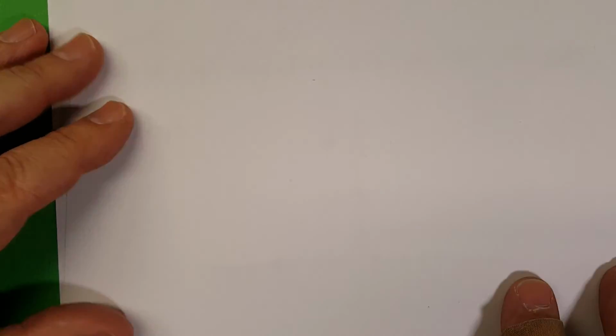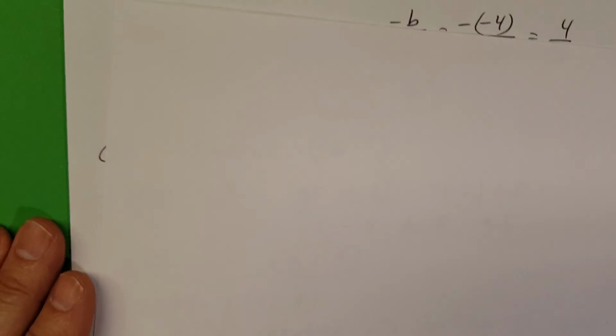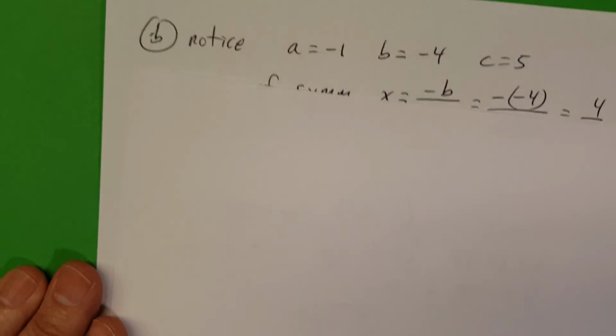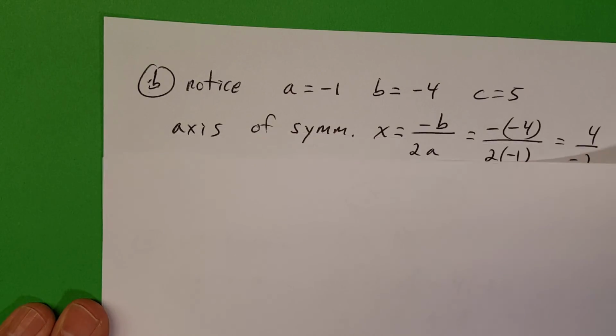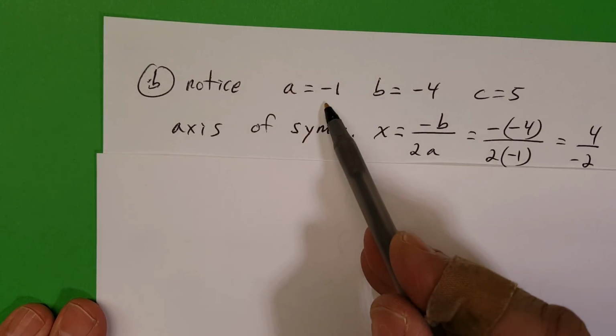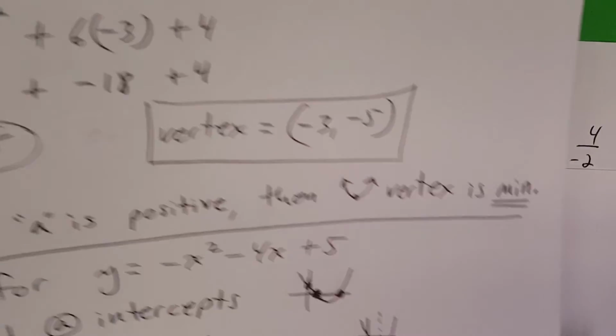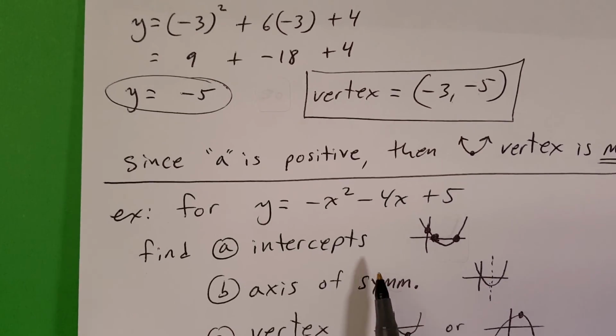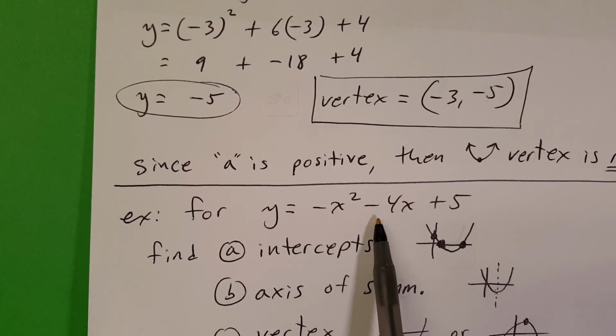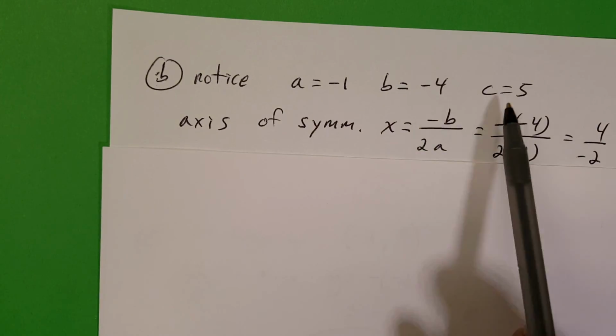For b, the axis of symmetry. This is actually an easy one. So if we know that a is -1, b is -4, and c equals 5, going all the way back to our function up here, second example, -1, -4, 5.